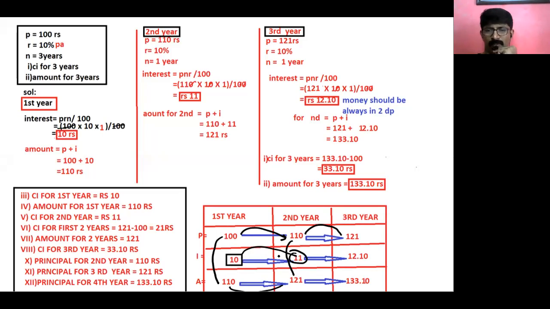It's only one term and condition: they should be succeeding, one after the other, first and second. It cannot be the first and third years, or the second and fourth year. The relation exists when the years are consecutive, like first and second. So this is the principal, then the second year's interest will be considered as the amount. I hope you all are understanding what I'm trying to explain.